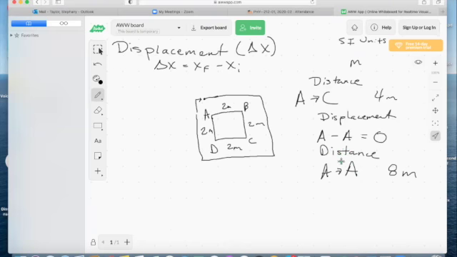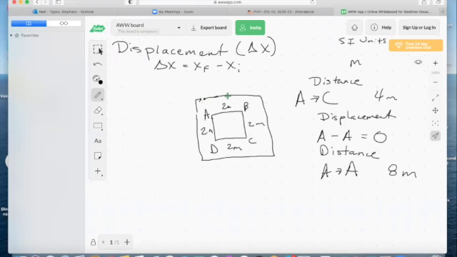So distance is the total distance traveled from start to finish. Displacement is in reference to your starting point. So if you start at the same point, you go around 360 degrees and you end at the same point, your displacement is 0 because you're in the same place you started from. You've gone nowhere. All right, so that's the difference between distance and displacement.